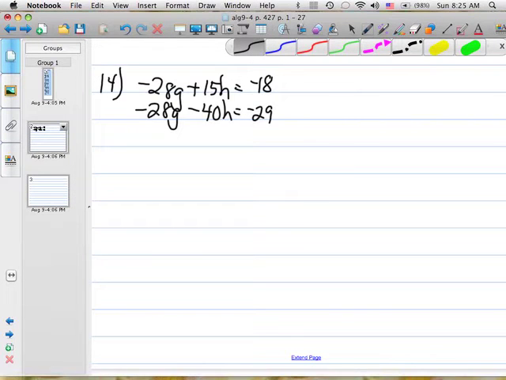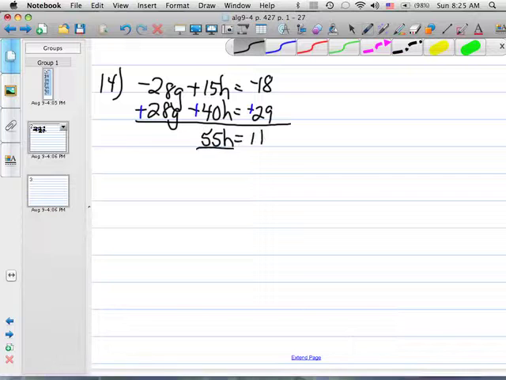Since they have the same sign, we'll change it to subtraction, so change your signs. So that gives us 55h equals 11. Divide by 55, and h equals 1/5.